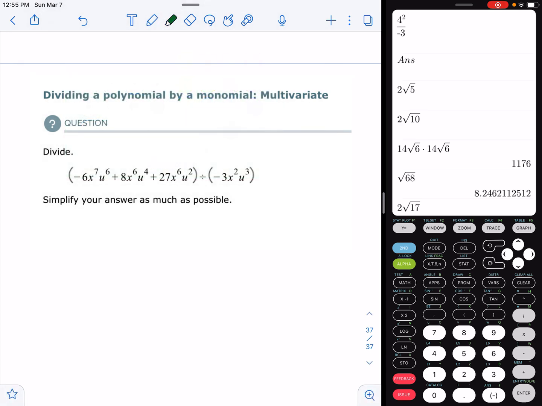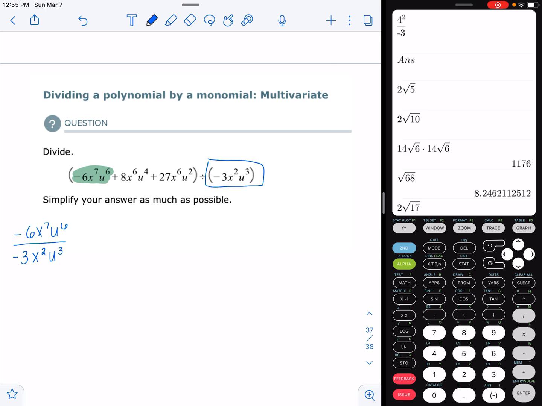So what I mean by that is this first term, negative 6x to the 7th u to the 6th, is going to become its own fraction. Ready? Negative 6x to the 7th u to the 6th, and then we're dividing that by whatever we were dividing by before in our original problem: negative 3x squared u to the 3rd.